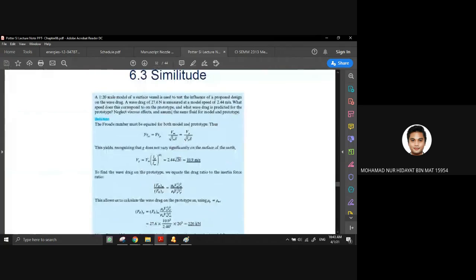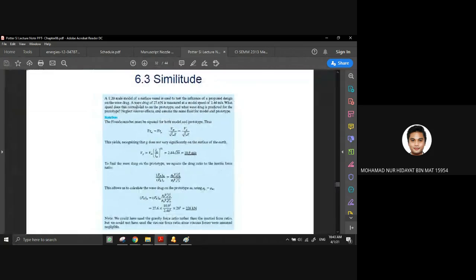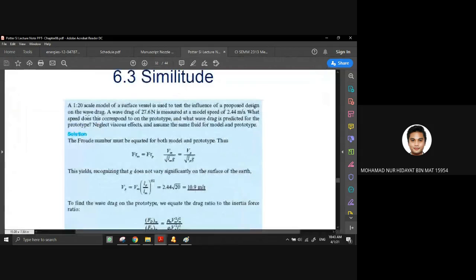This one I will explain to you. The question asks: this scale model of a surface vessel is used to test the influence of the proposed design on the wave drag. The wave drag force is measured at the model speed of 2.44 meters per second. What speed corresponds to the prototype, and what wave drag is predicted for the prototype?